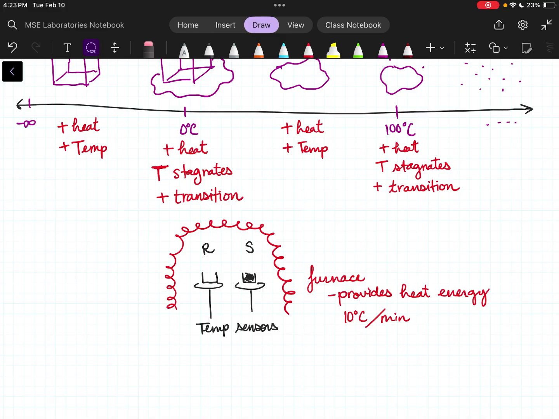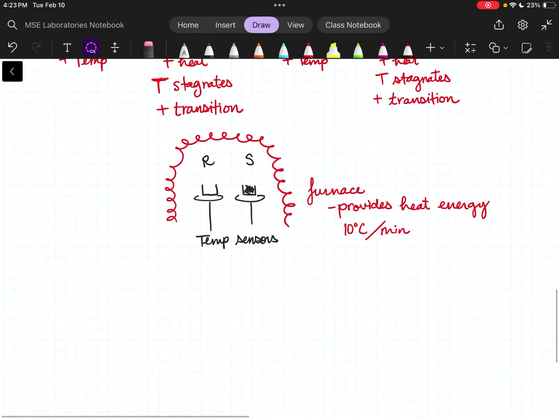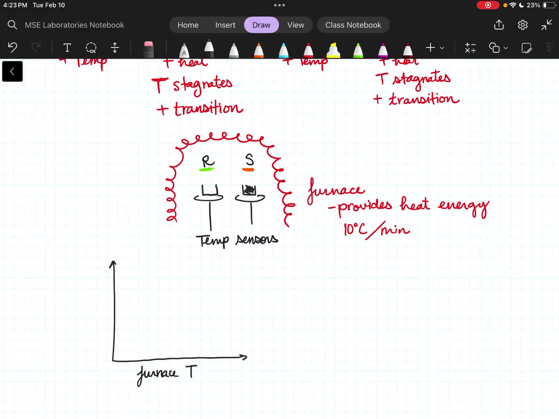What we would see if we were to plot the temperature of the reference with relation to the temperature of the sample. Probably should have color coded these a little better. Reference. And I'm going to use orange. Sample. If there is nothing in the sample cup, and I were to plot, let's say, furnace temperature versus temperature sensors.